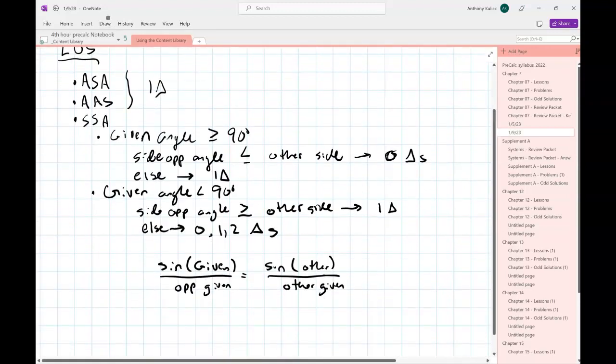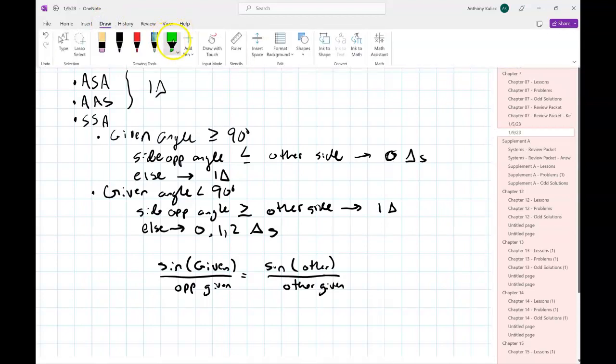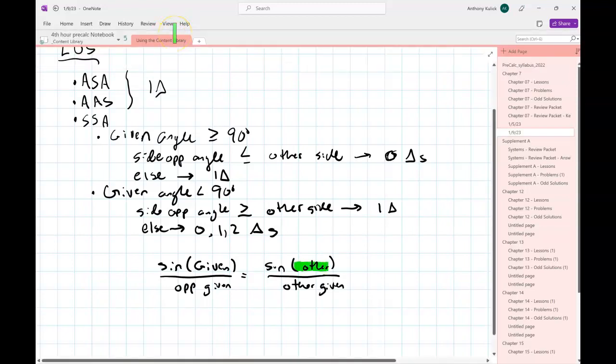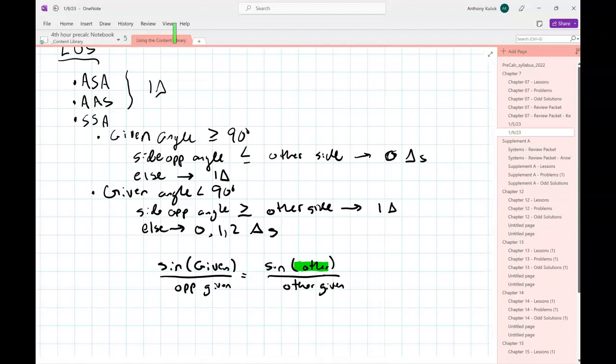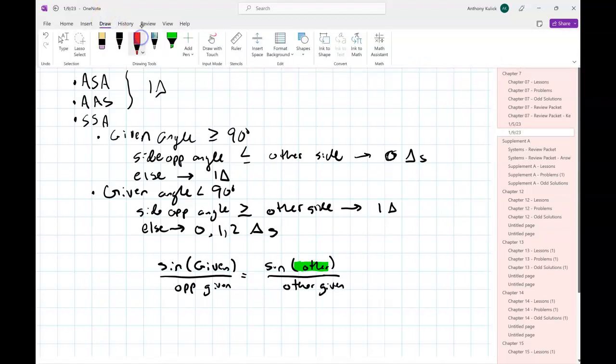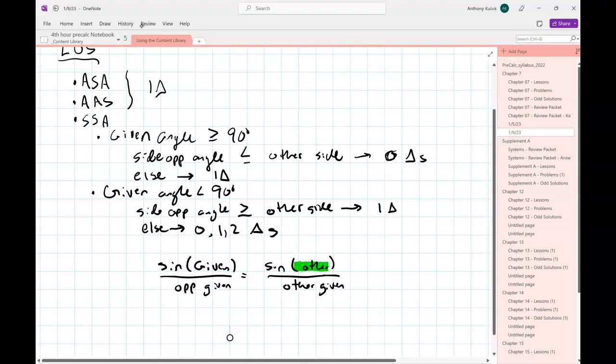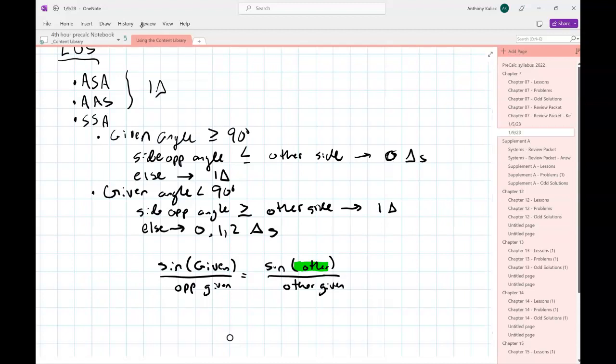So the way you can tell is we're going to be interested in solving for this other angle that we haven't been given. So we set up a law of sines. So we have the sine of the given angle over the side opposite the given angle equals sine of our other angle over the other given side. So we just cross multiply and then divide.